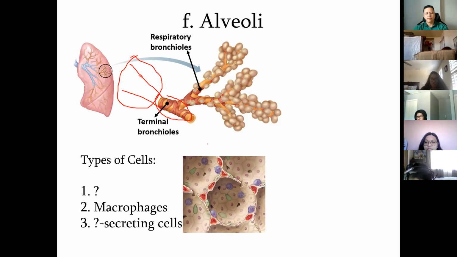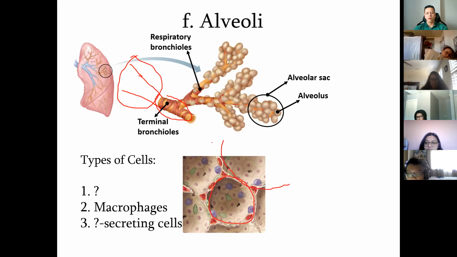So let's do this. Let's take a couple of these alveoli right here. Let's open them up so that we can see inside of them. And we can see what they are made of. So here we have one whole alveolus, and we can see sections of other ones right here. And the alveoli are made of 3 main cells. We have epithelial cells that make the wall of the alveoli.